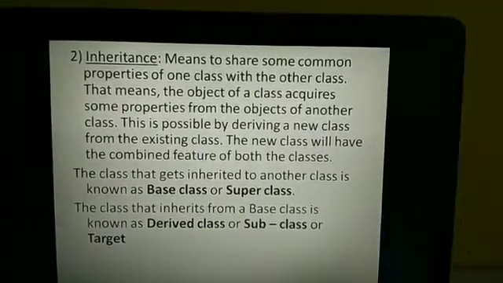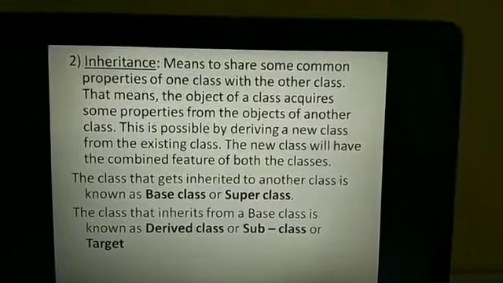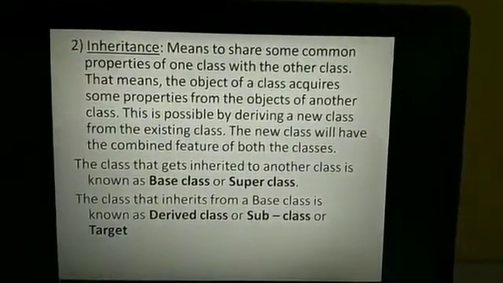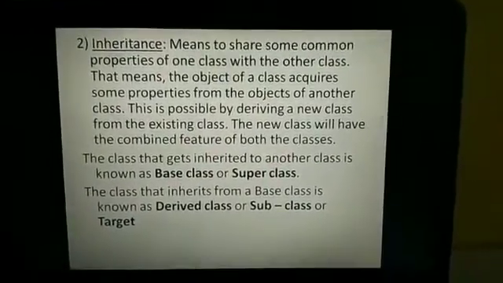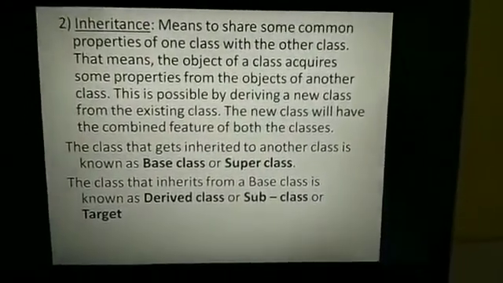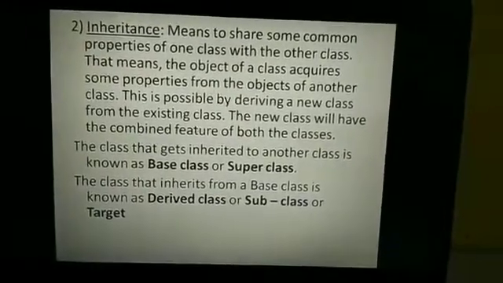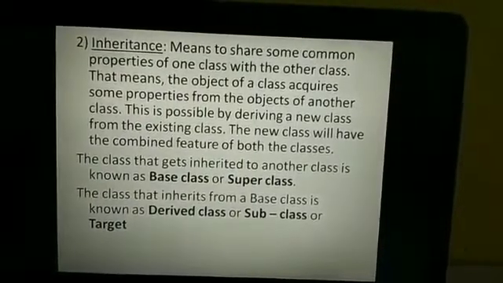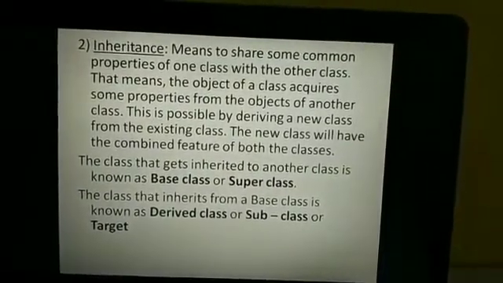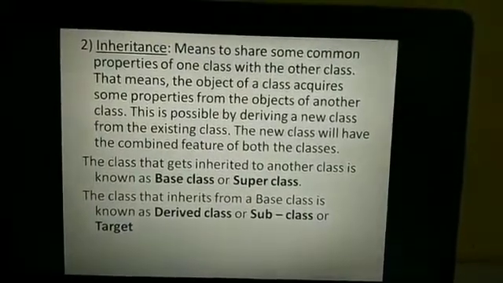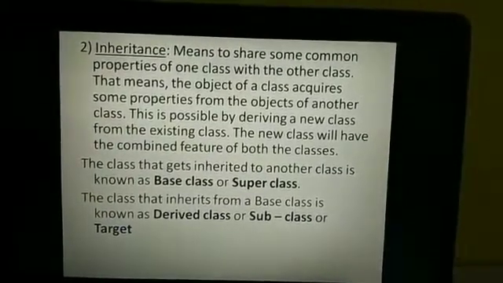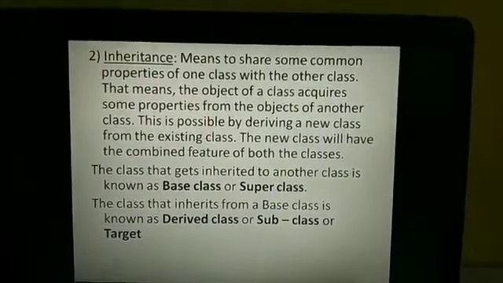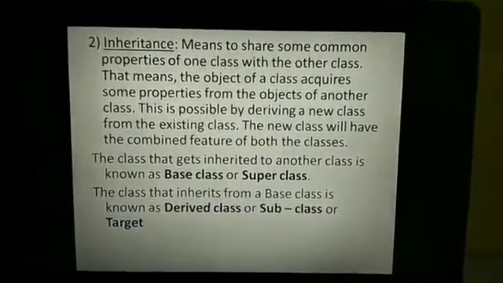That may be either your subjects, your lectures, or your teachers. You are sharing common properties. That is called inheritance. The class that gets inherited by another class is known as the base class or superclass. The class that inherits from the base class is known as the derived class or subclass or target. Is that clear over here?